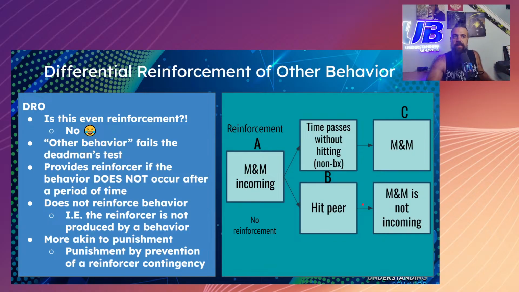Sometimes it's best used in combination with other treatments. Let's say your DRA isn't working very well, and you've already checked all your boxes where it should be working, but it's just not quite. You could add a DRO as well to have an additional reduction effect on that target behavior. And again, another thing that's nice about DRO is that it's really easy to implement. So if you have a longer period of time for your DRO procedure, the implementer only has to do one thing every couple minutes.